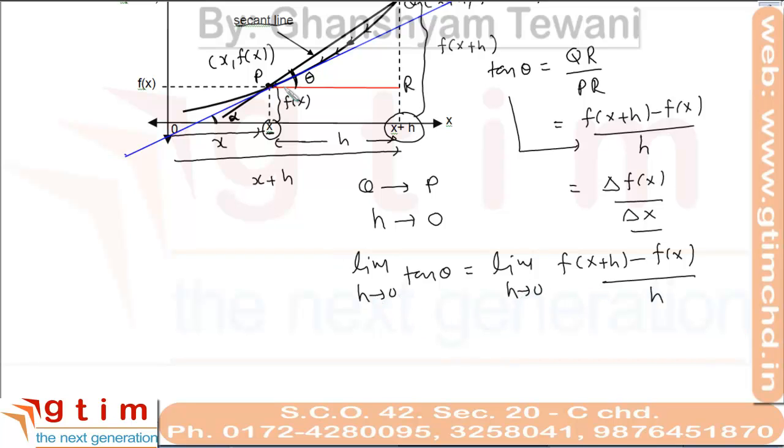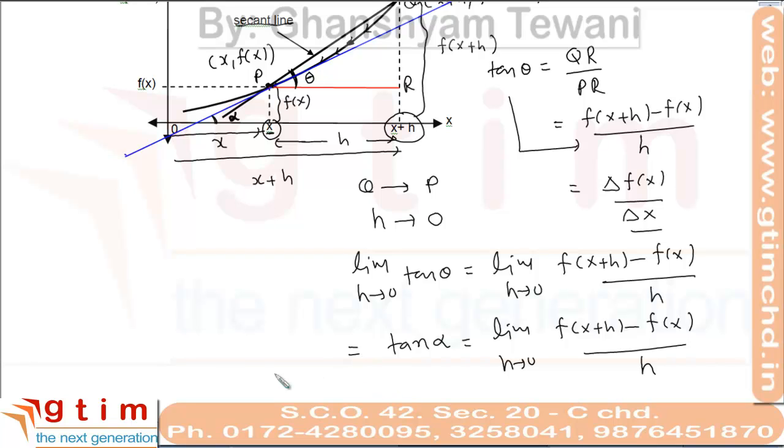Now from the diagram, when h tends to 0, the value of theta is approaching what? Alpha, or we can say theta becomes alpha. So we write this as tan alpha is equal to limit h tends to 0 of (f(x plus h) minus f(x)) upon h.